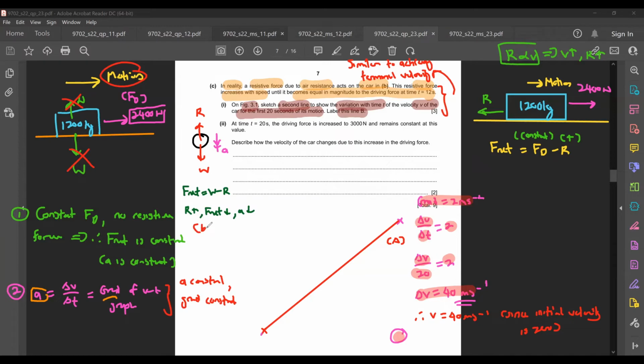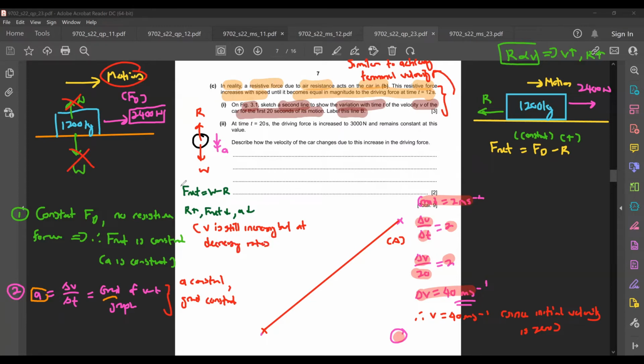Then after that, V is still increasing, but at a decreasing rate.